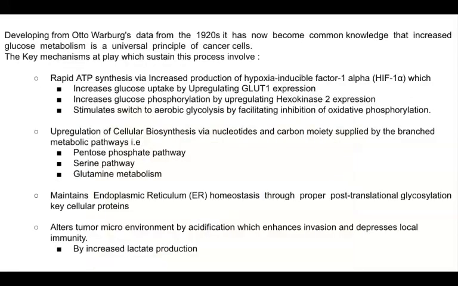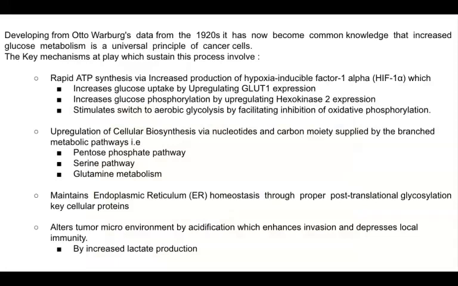Now, developing from Otto Warburg's data from the 1920s, it has become common knowledge that increased glucose metabolism is a universal principle of cancer cells. And the key mechanisms at play which sustain this process involve the following: rapid ATP synthesis via increased production of hypoxia-inducible factor alpha, which increases glucose uptake by upregulating the expression of glucose transporters.